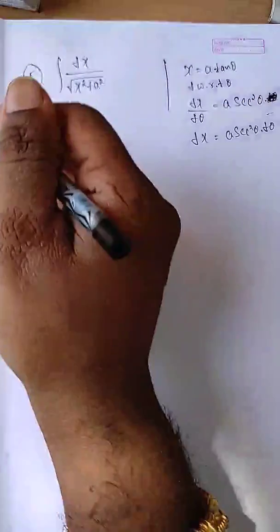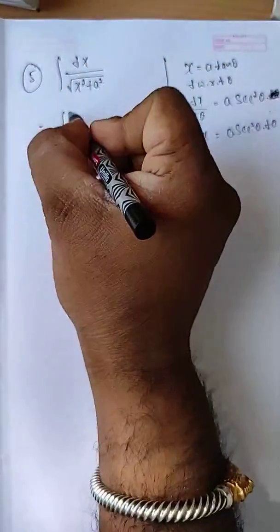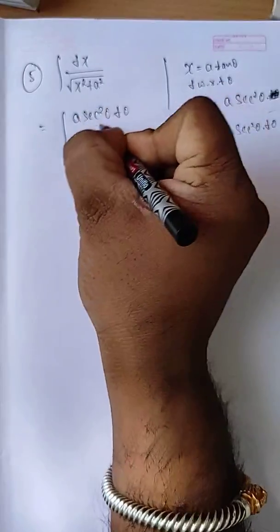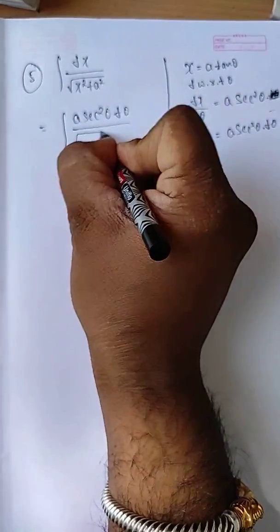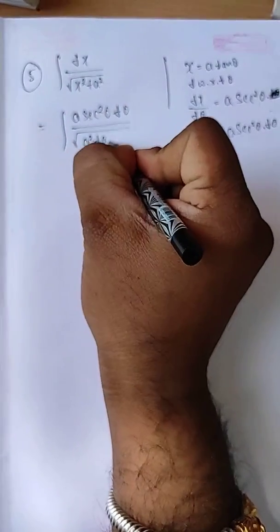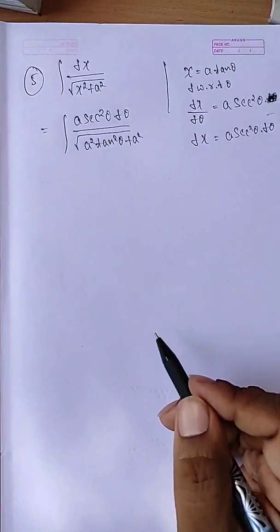Now I am substituting: integration of dx, which is a secant square theta d theta, by root of x square, meaning a square tan square theta plus a square. Is it clear?